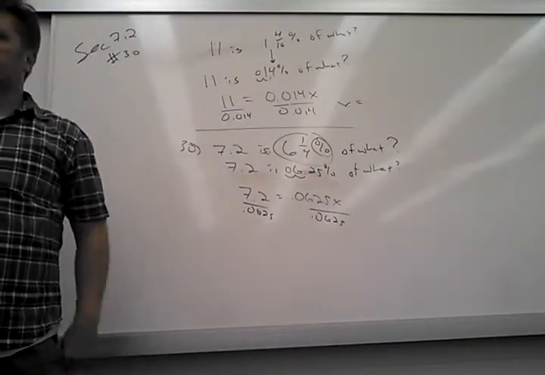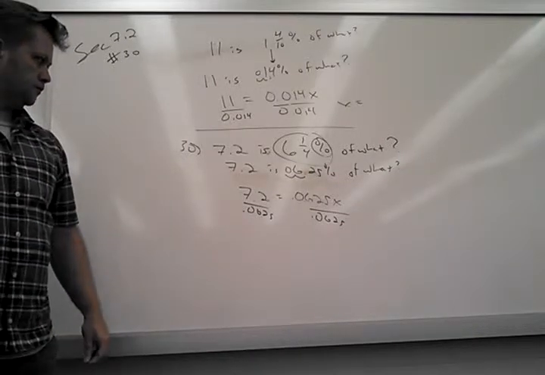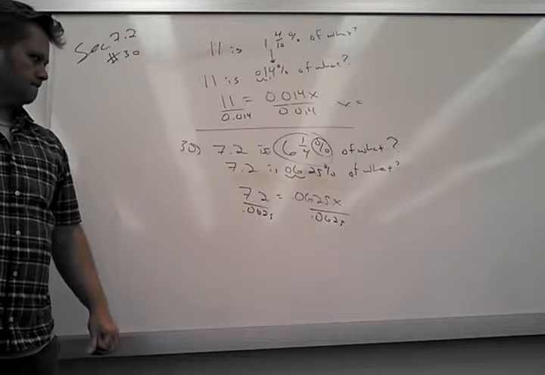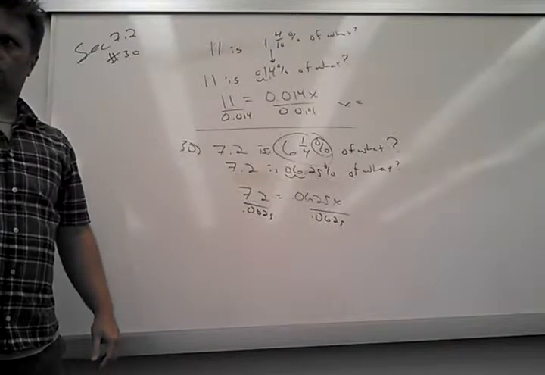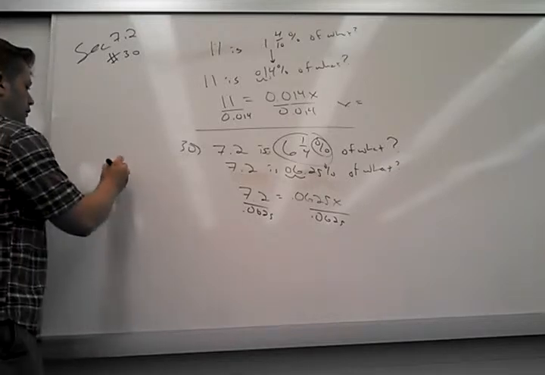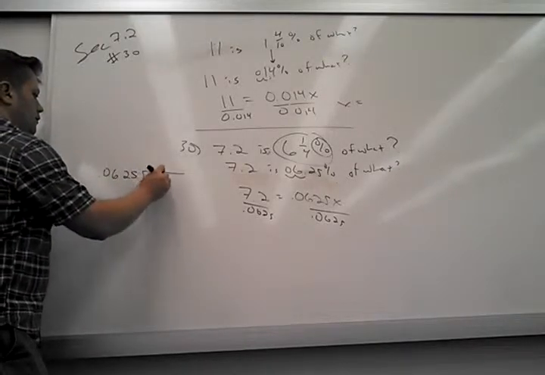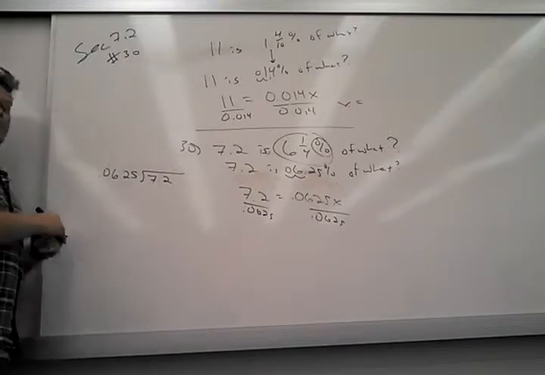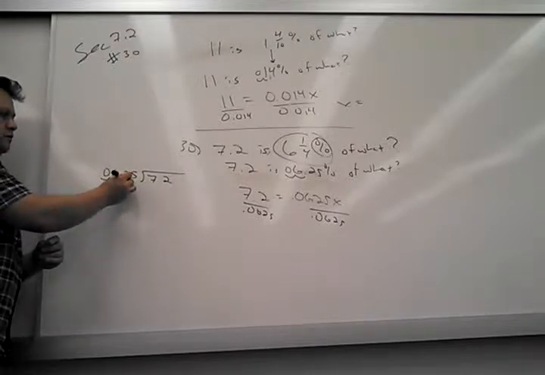It's still a percent. So when you're dividing to finish solving it, it's 7.2 divided by 0.0625. If you had to do this by hand, you'd have to move this how many times over? 4.